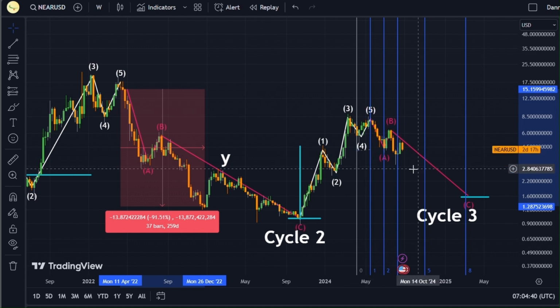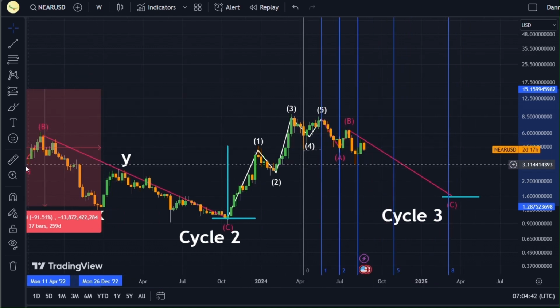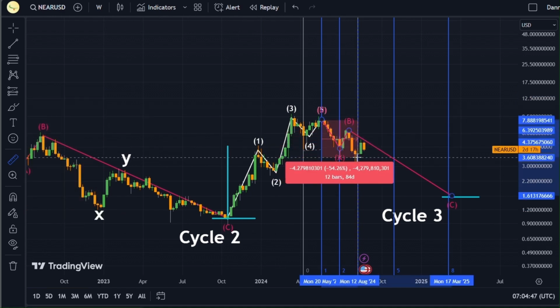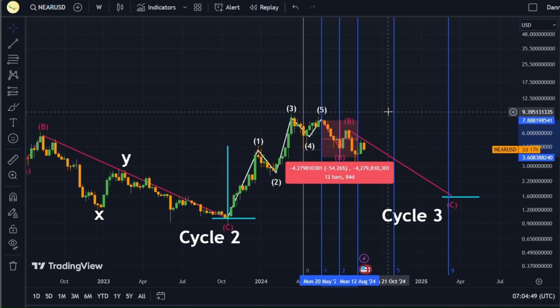On the other hand, if we follow the same pattern in the second cycle, we'll have 84 days or 12 bars.